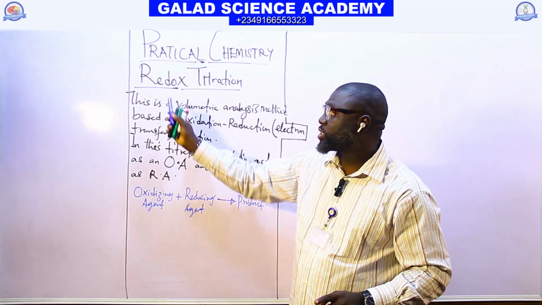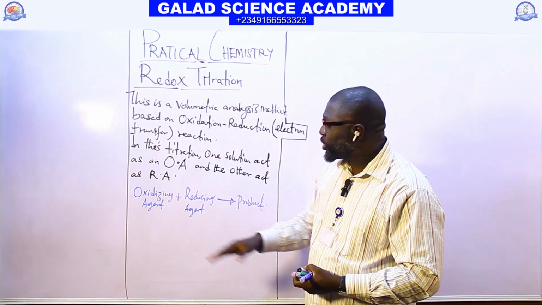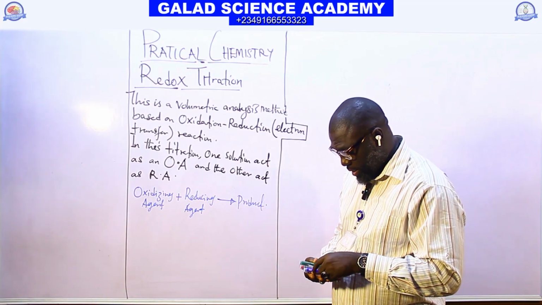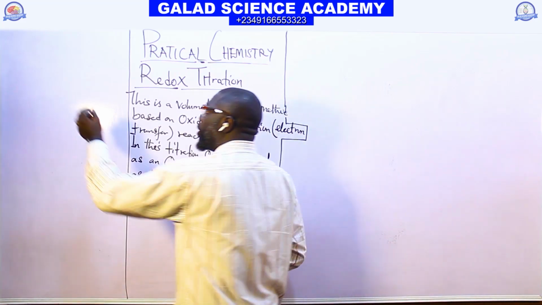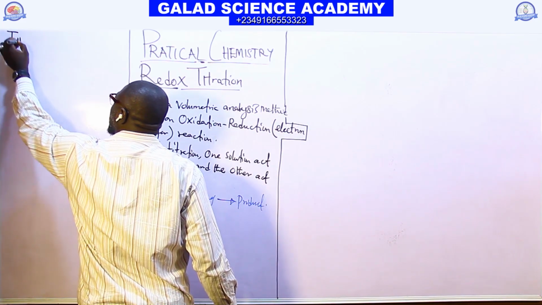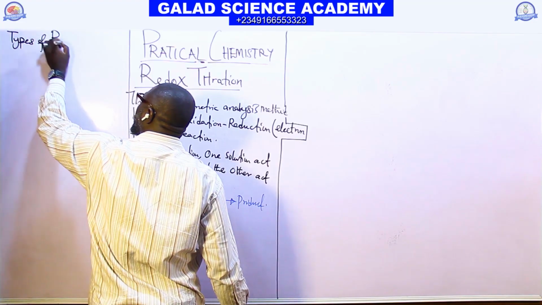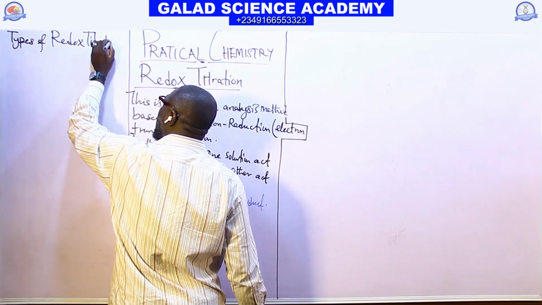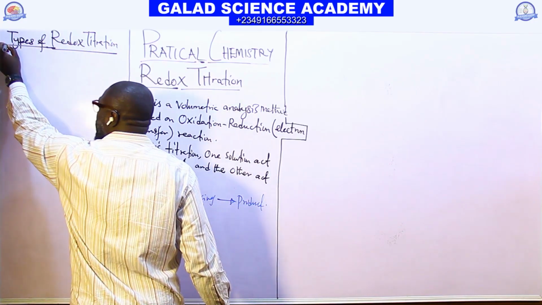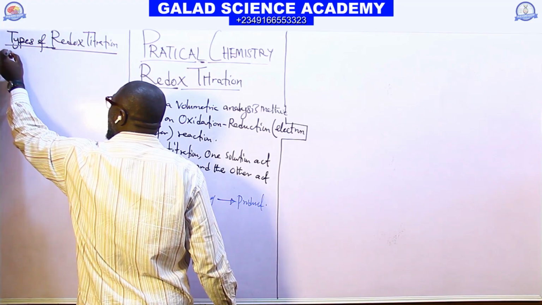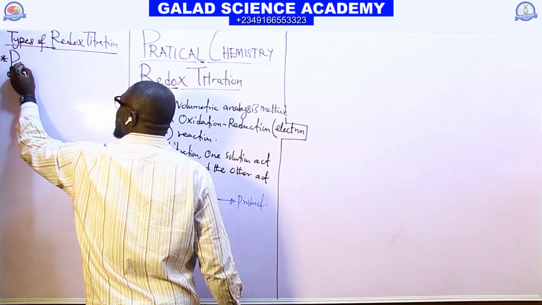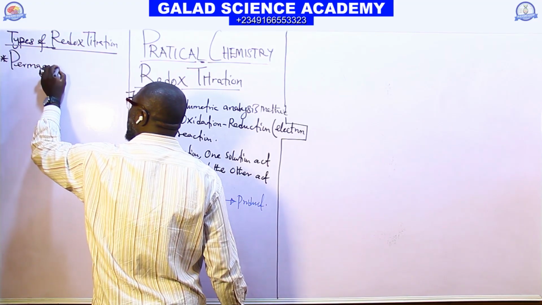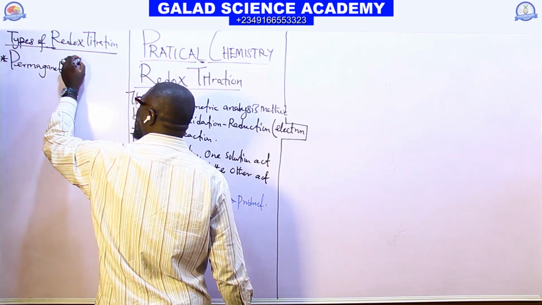That's what we call redox titration. And this redox titration can be divided into four types. The first type of redox titration is permanganate titration.